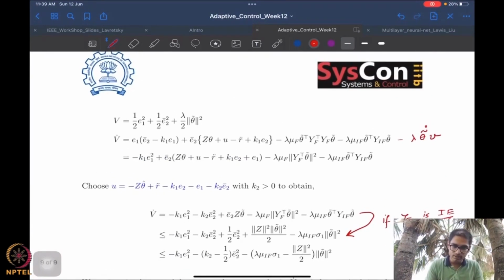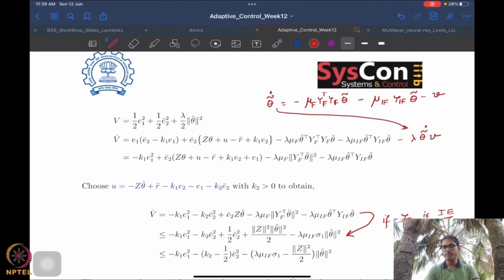And this is assuming that theta tilde dot is minus mu_f yf transpose yf theta tilde minus mu_if y_if theta tilde minus v.